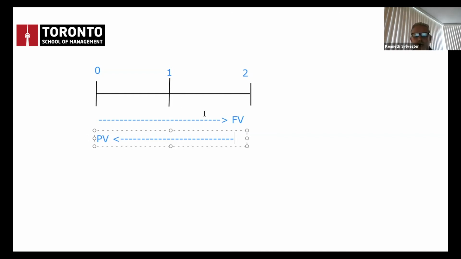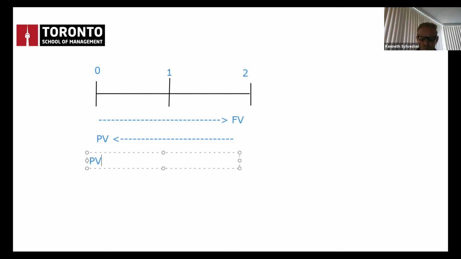So I showed you the first one, calculating the future value. Now what we want to do is calculate the present value. In order to do that, we just rearrange the formula and we get present value is equal to the future value divided by the interest factor. You guys with me?